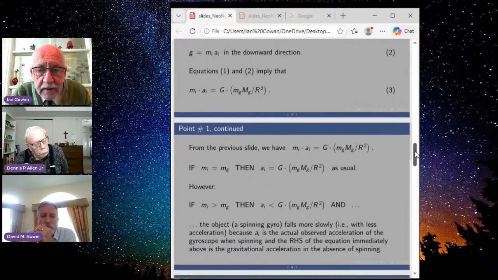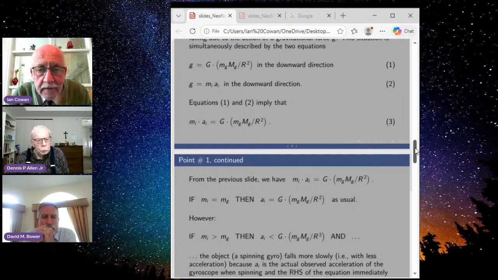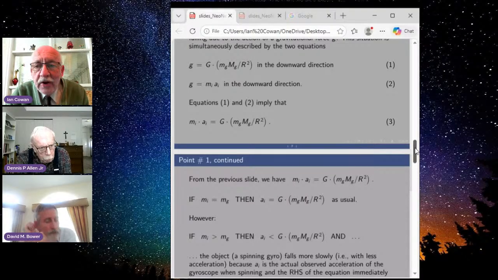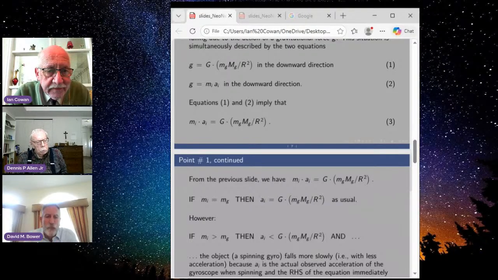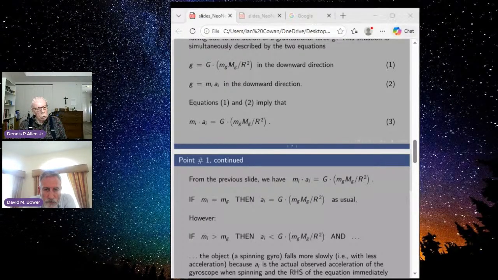It would have been better if he hadn't used G there and used some other letter, because most people think of G as 9.806 meters per second squared, which is an acceleration. But he's using it as a force. Okay. Point well taken. Thank you. Good point. All right, so let's go back to point number one, continued.